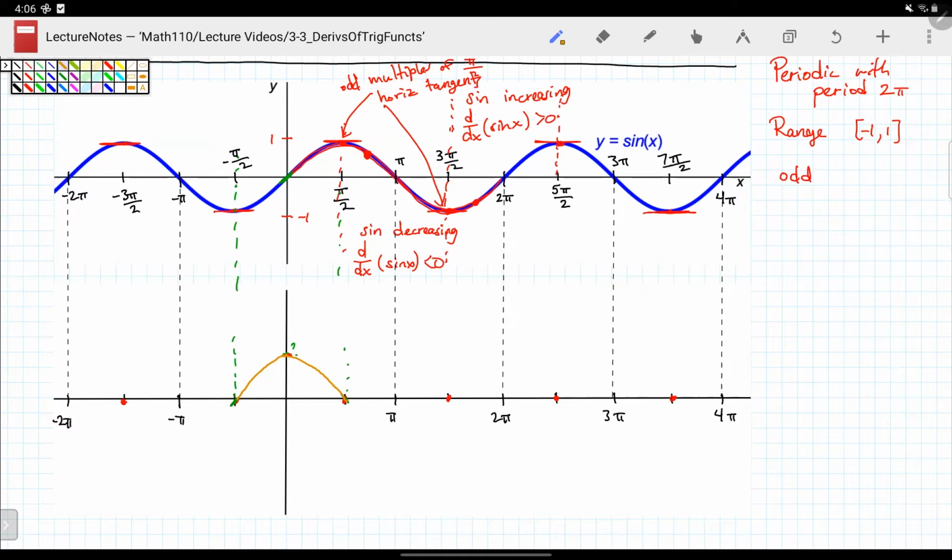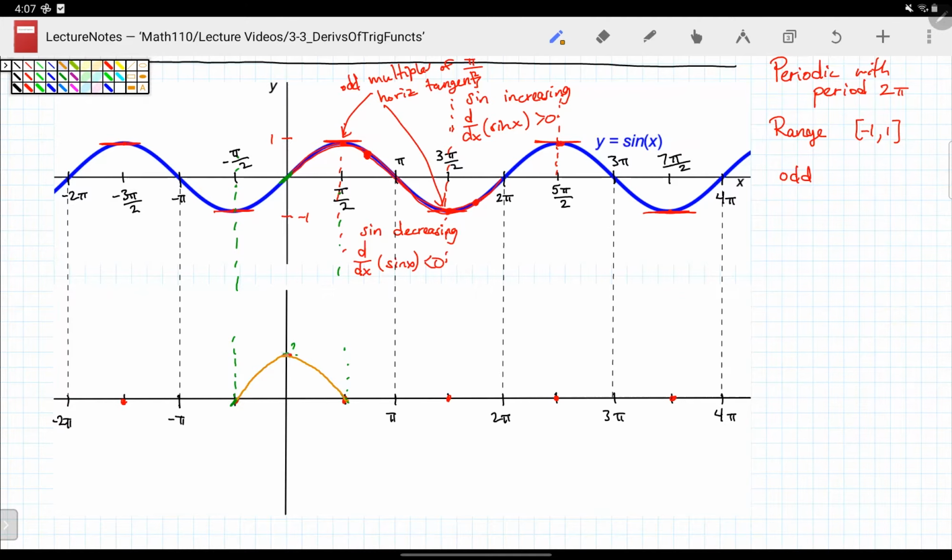But it's decreasing at exactly the same rate that the other portion was increasing. So this picture has to look exactly like this picture from negative pi over 2 to pi over 2, except in the negative direction.